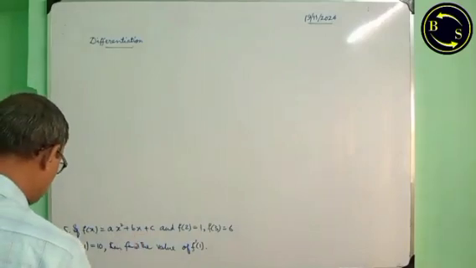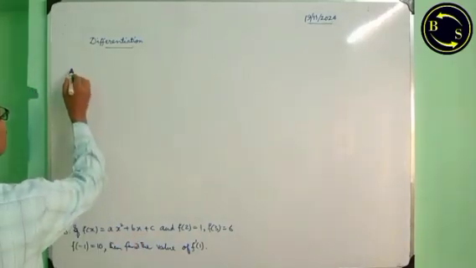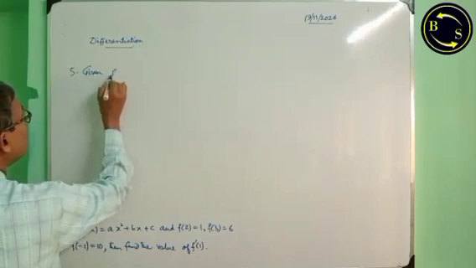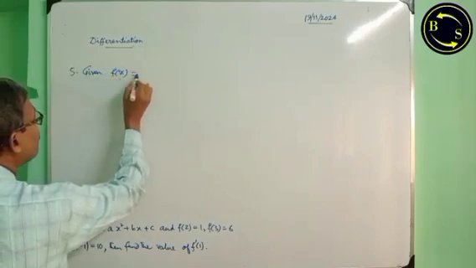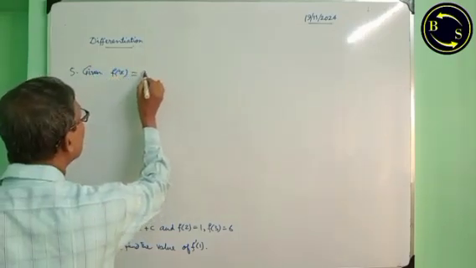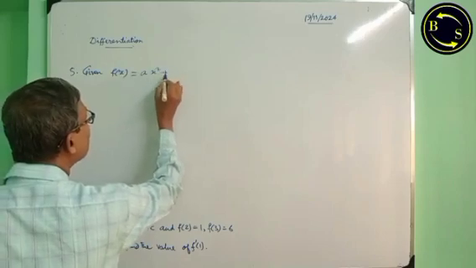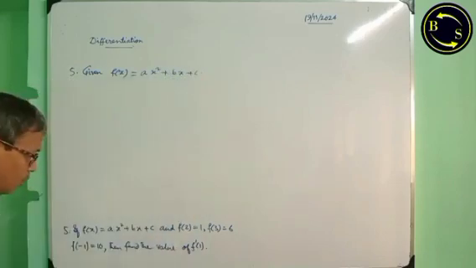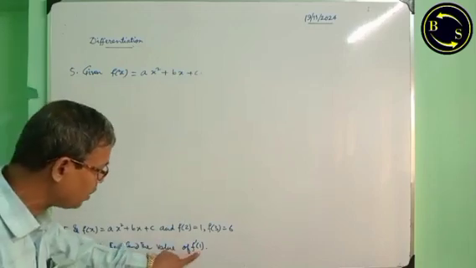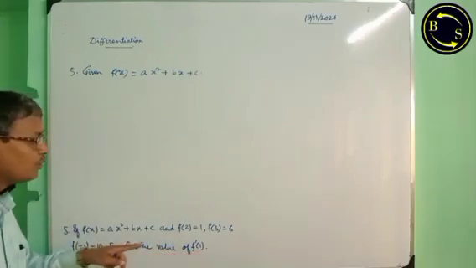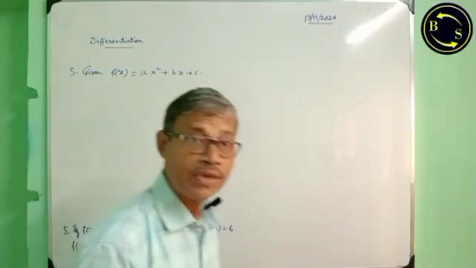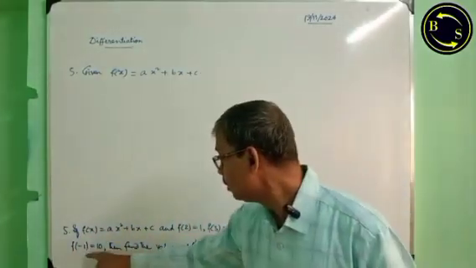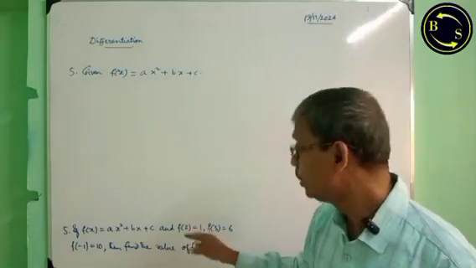Given f(x) is equal to this, we have to find the value of f dash 1. For that we need f(x). These are the given values.